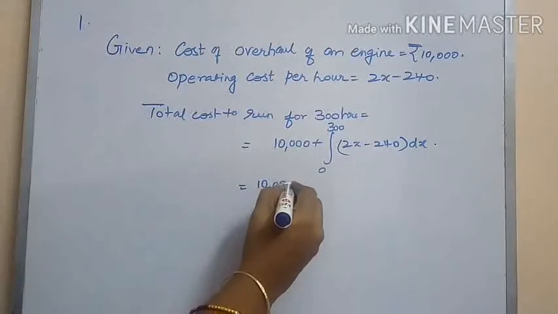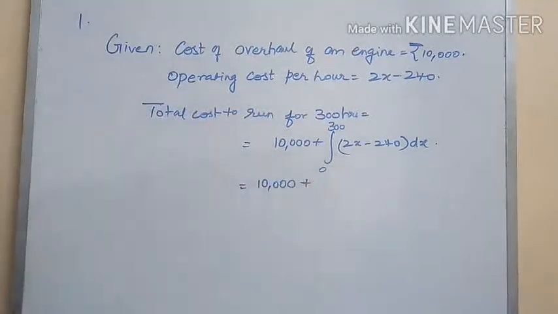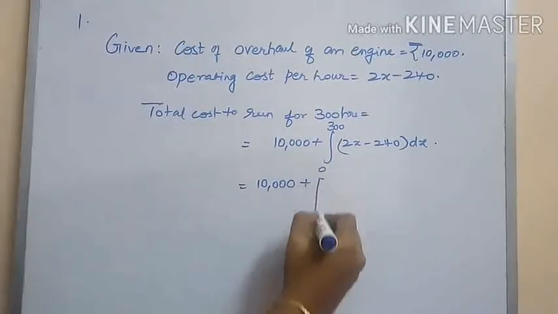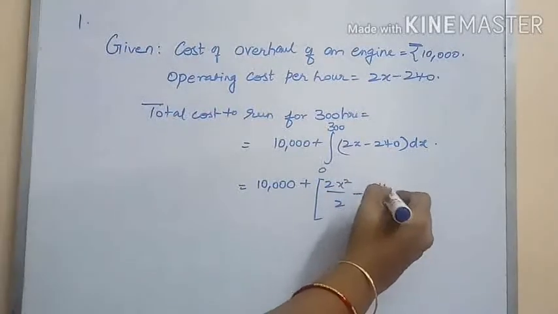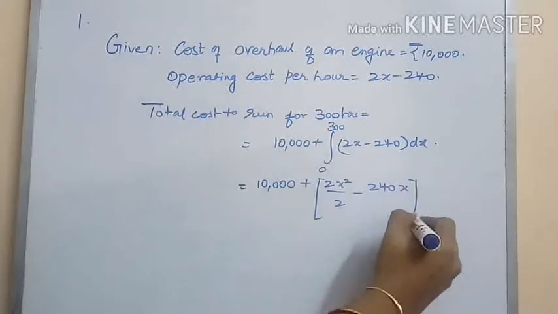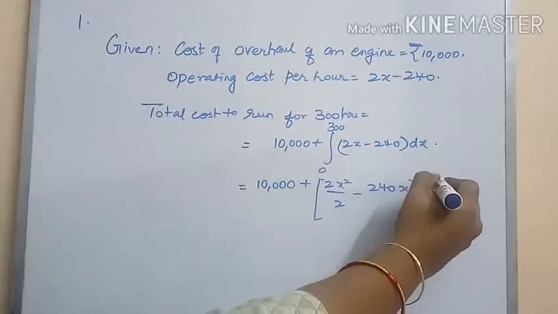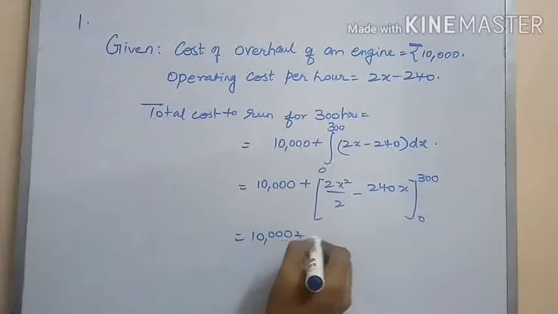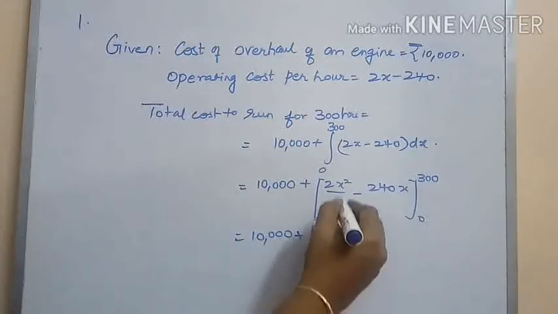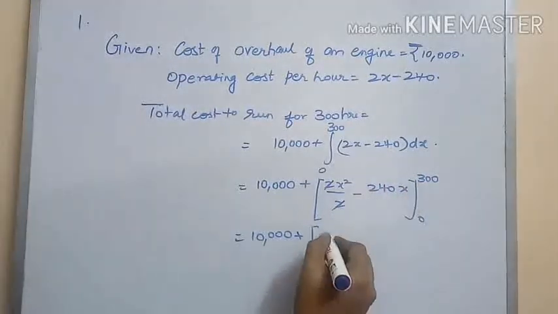Now let us integrate. We get 10,000 plus 2x squared by 2 minus 240x within the limit 0 to 300. So in the next step, let us substitute the upper limit.